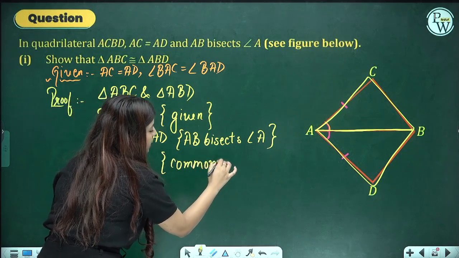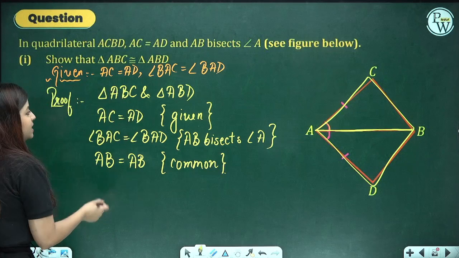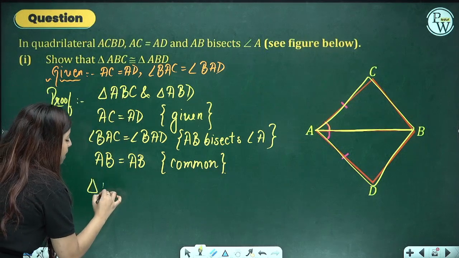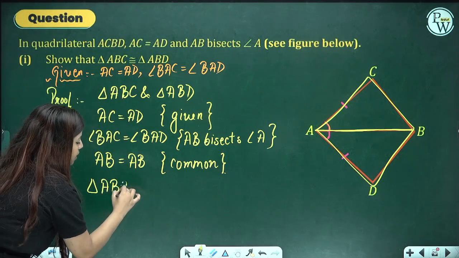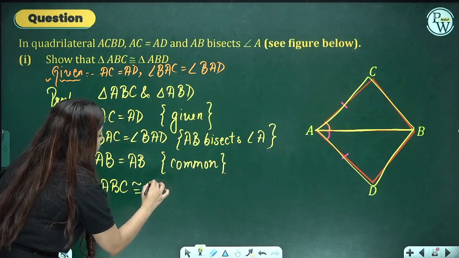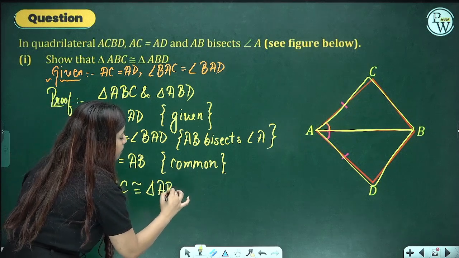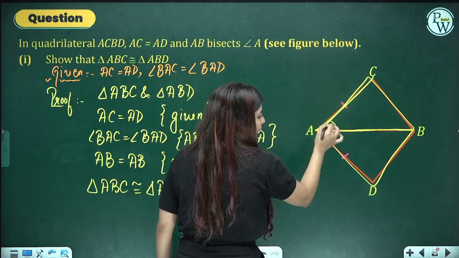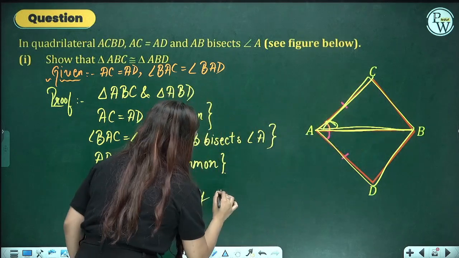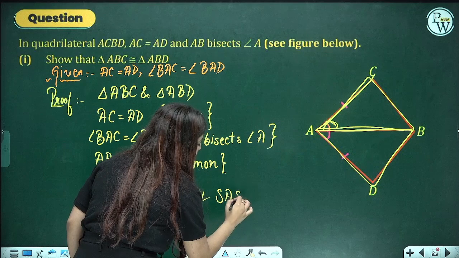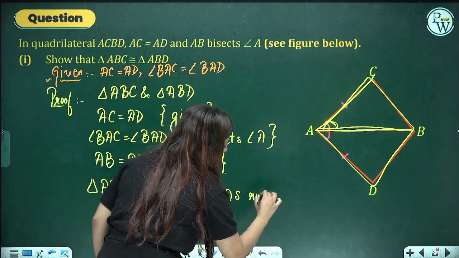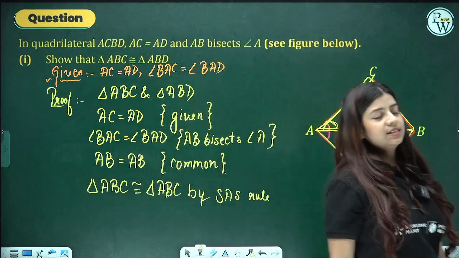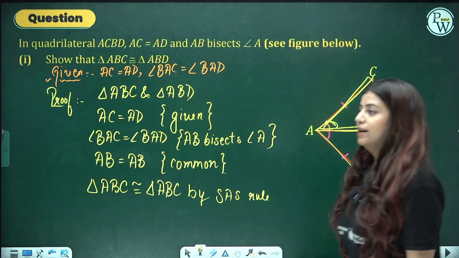So triangle ABC, students, is congruent to triangle ABD by side angle side criteria, by the SAS rule.